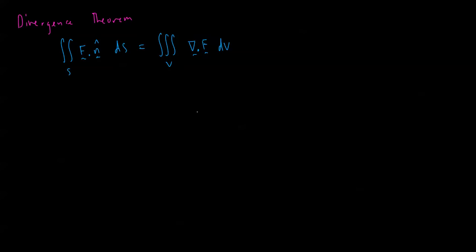If I have my object that looks like this, say, it's a 3D object. It's saying that the flux through the surface, so that's how much of this vector field is perpendicular to the surface, calculated at every point on the surface.